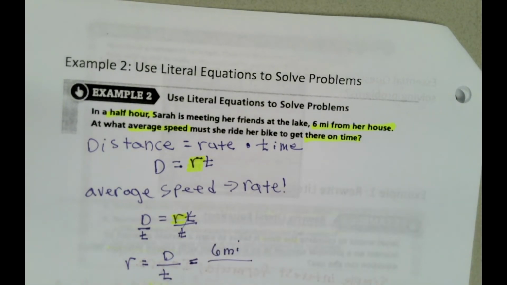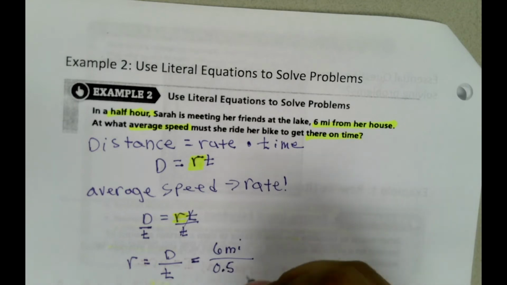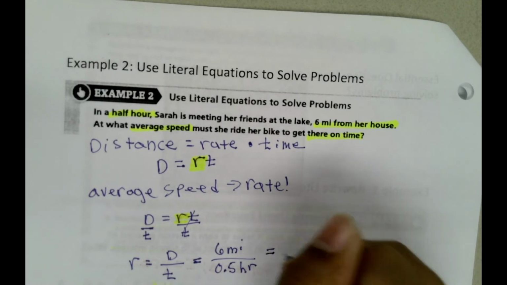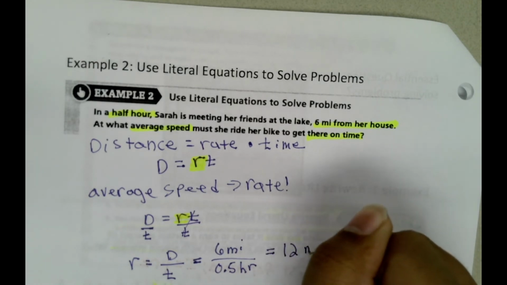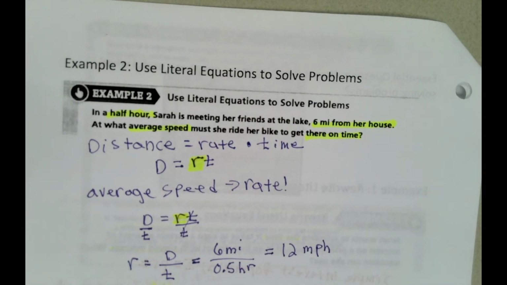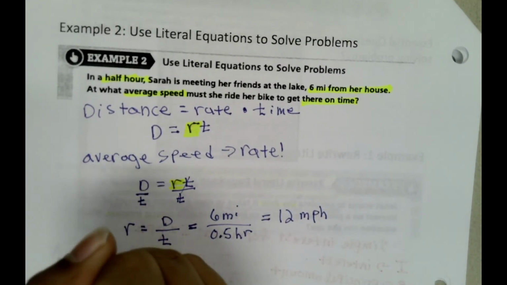So she got to ride her bike 12 miles per hour in order to get to the lake on time. So she must ride her bike 12 miles per hour to get to the lake on time.